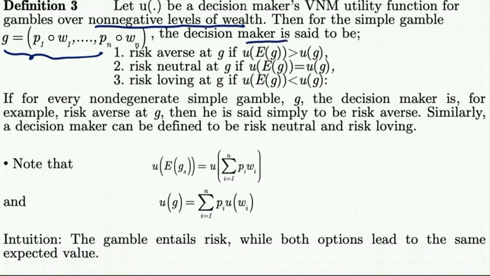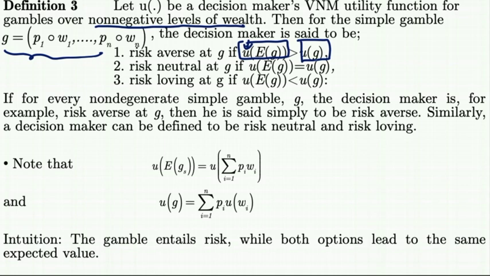So a consumer is a risk averse person at gamble G if what? If the first one here is greater than the second one here. What does it mean by the first one here? The first one here is actually the utility of the expected value of the gamble. You see the letter U here. It is the utility. Utility of what? Utility of the expected value, the expected income, of the gamble. What does it mean by UG? You have seen UG earlier.